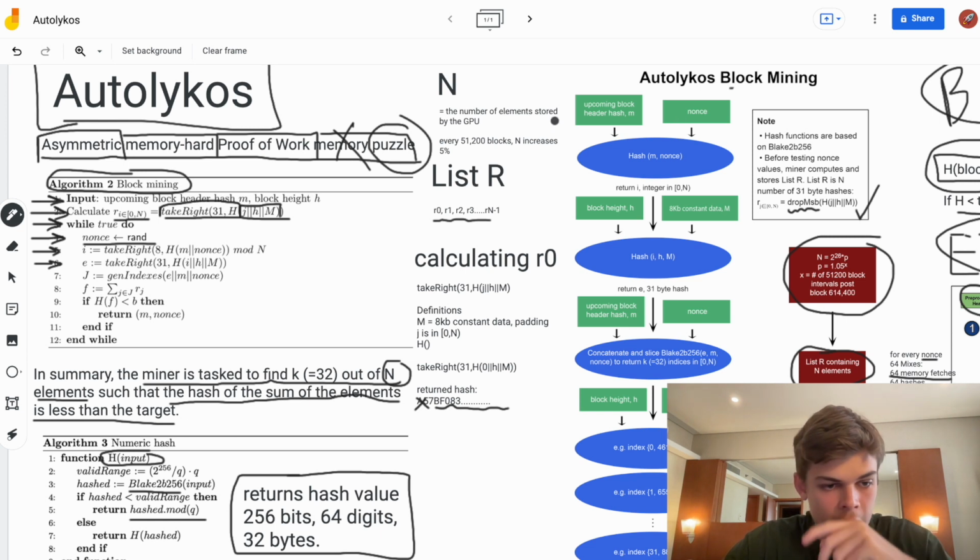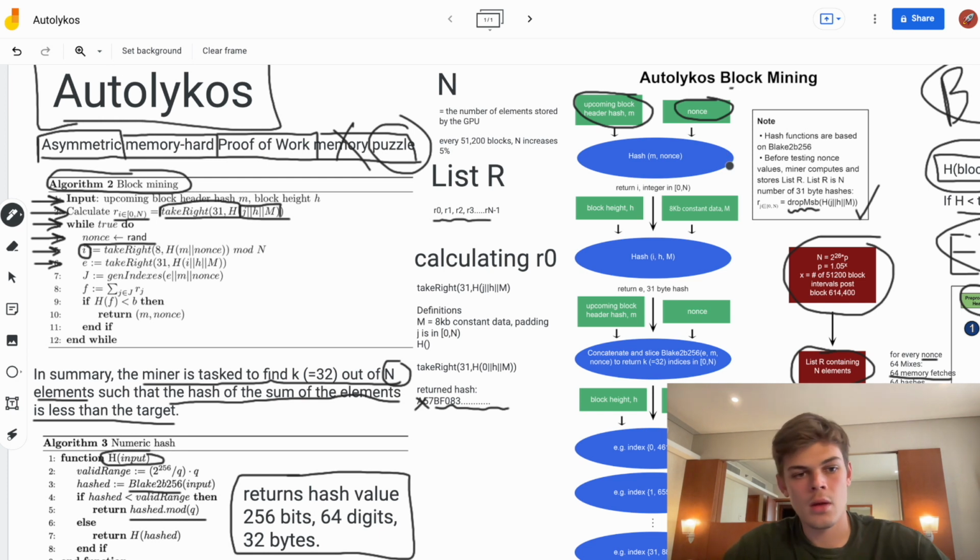So we enter line 5, we're calculating I. So how do we calculate I? We take the nonce, and we take the upcoming block header hash M, pass it into algorithm 3, as we said, which returns a hash value that is, in this case, 256 bits long.